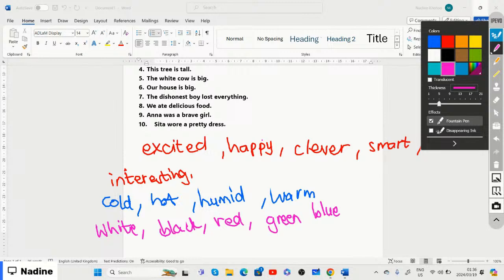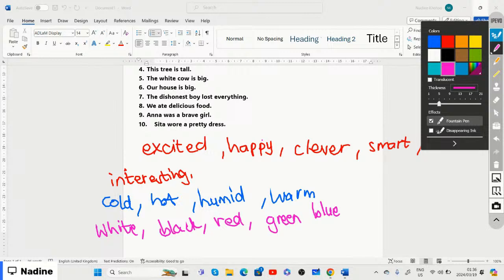All right. So if we look at the words that are in color, these are, for example, words that describe the nouns, right? And we said nouns can be people, places, things, or even animals. Those are nouns.